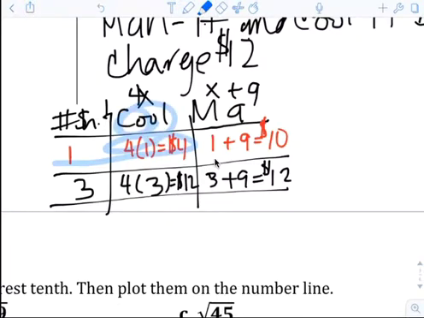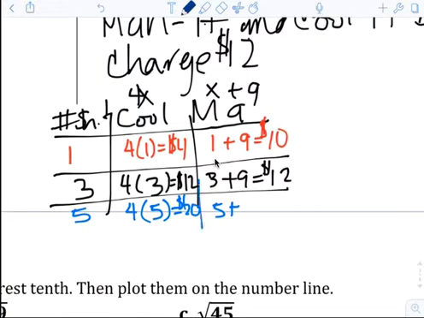Anything more than 3, let's show 5. 5 is an easy number. 5 t-shirts at $4 each, times 5, is $20. The other one, 5 plus 9, equals only $14.